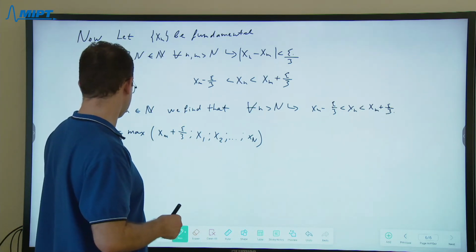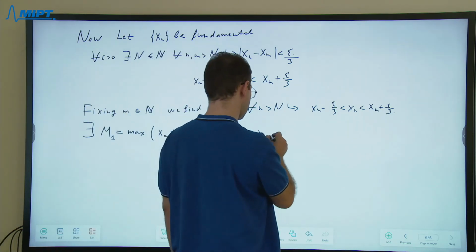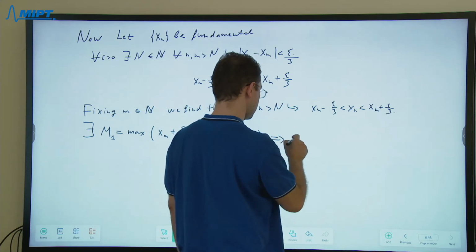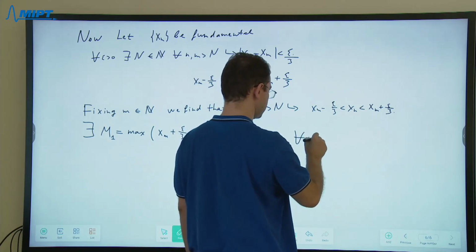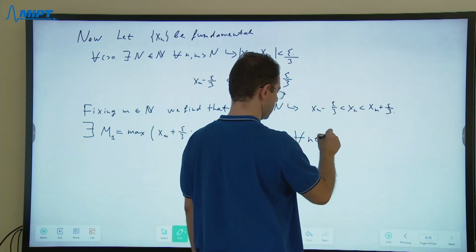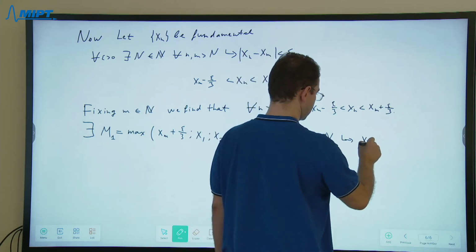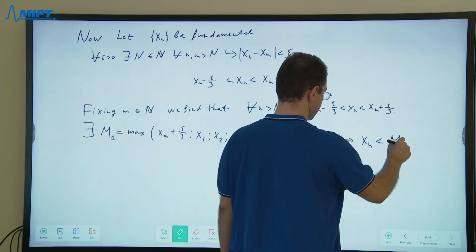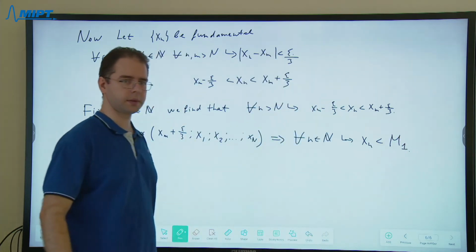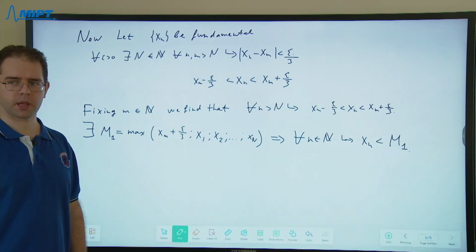Okay, and it would follow that for any natural n, xn is smaller than the number M1. Can you see?